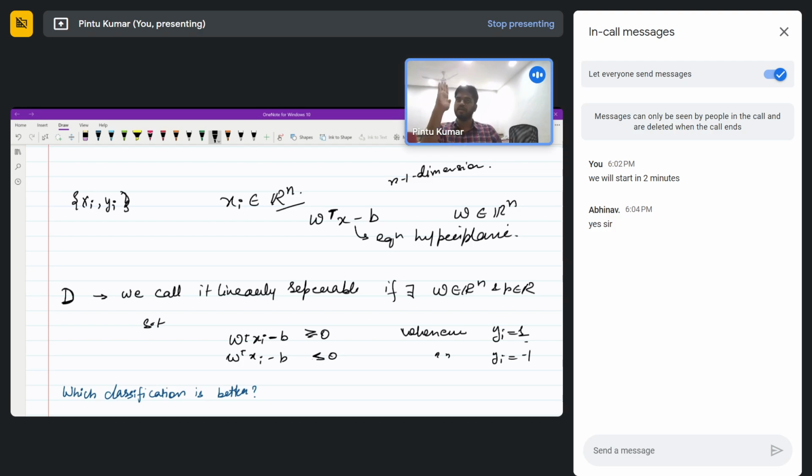So in higher dimensions also it is able to differentiate between these 2 points based on your value of W transpose X minus B.